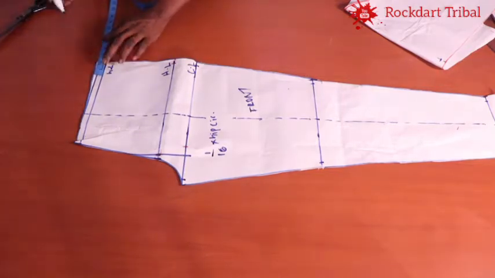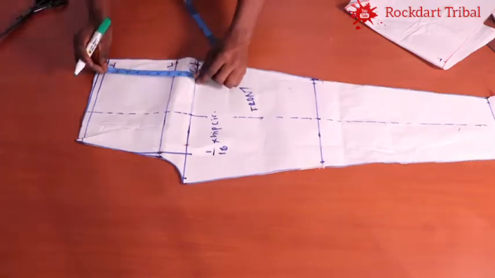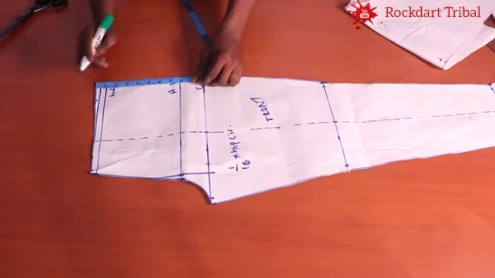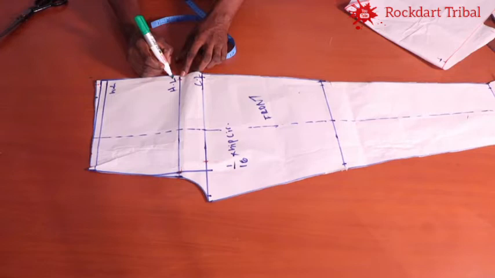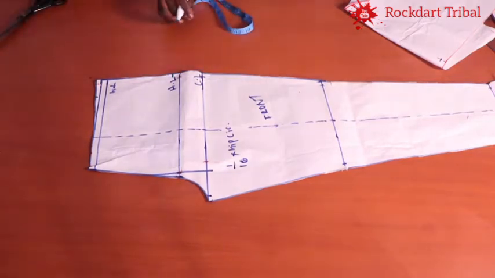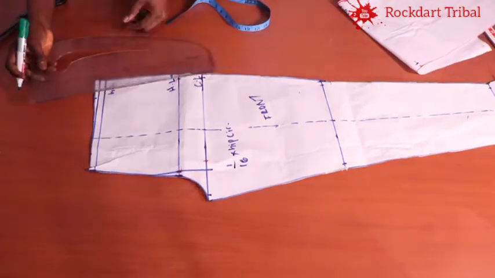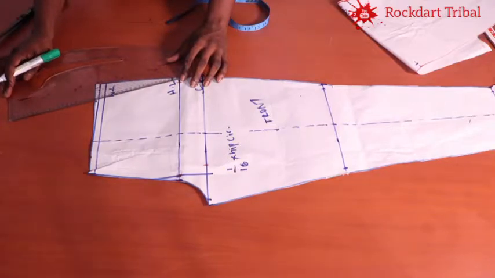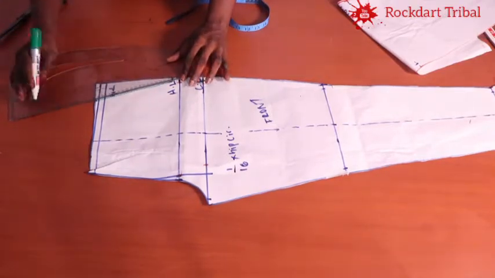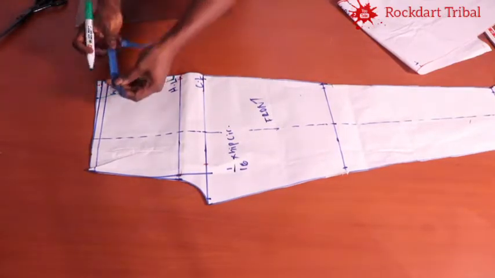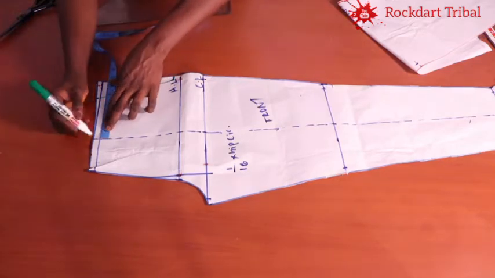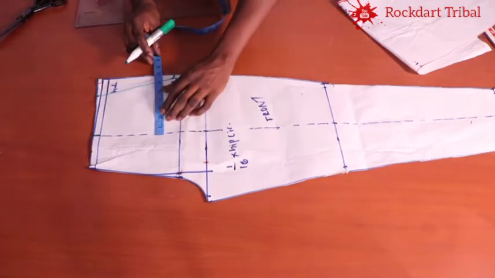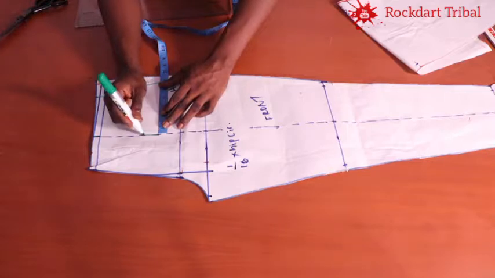So now to get the pockets, the fold will get 2 inches and 7 inches. So that's what I use for my pocket opening. Now the width of my pocket will be 6.5.